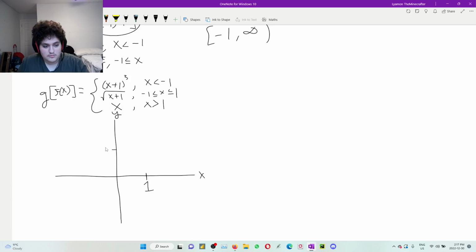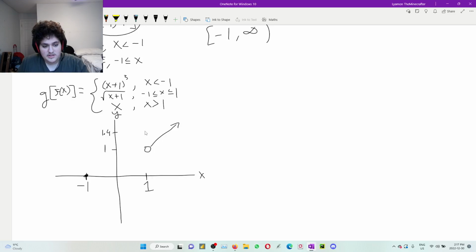So if we plug 1 into x, then you just get 1, right? And then it'll just continue like this. We have square root x plus 1 when x is in that range. So we know that here it's going to be 0, right? And then we're just going to have a square root function, and square root of 2 is like 1.4, so put that here.